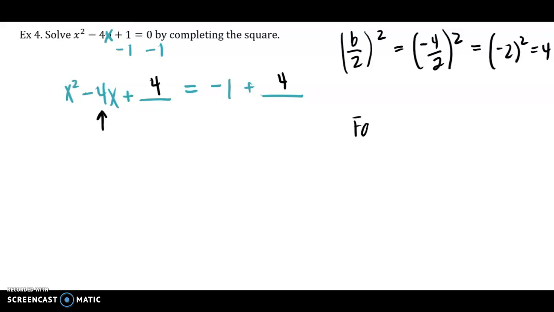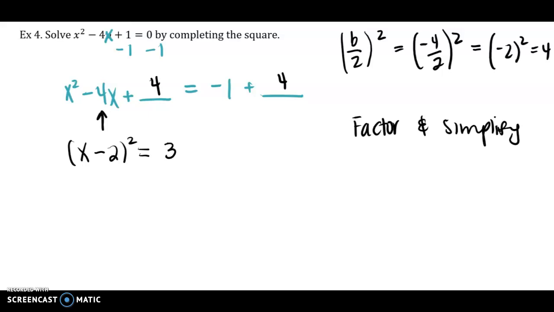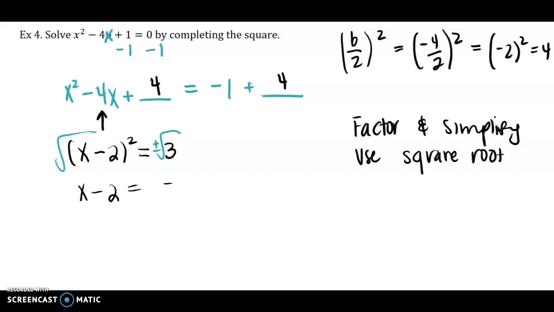Then remember, you're going to factor and simplify. So this is going to give you x minus 2 squared equals 3. Then you're going to use square root, plus or minus. x minus 2 is equal to plus or minus square root of 3.